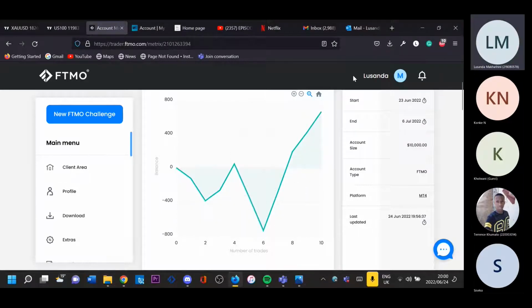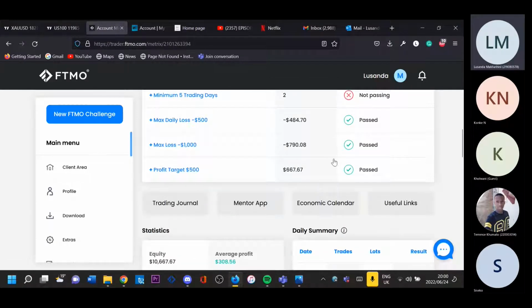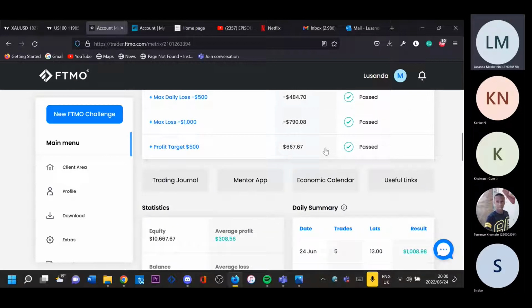Then I came back up straight, and I was able to pass this challenge in a quick 2 days. If you think about it, in a period of 2 days, that's close to $600. Let me just do the math real quick.